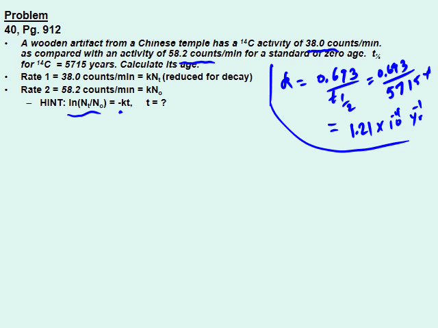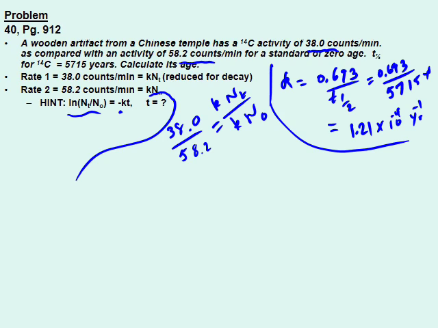And also I need to get the ratio of Nt over N0. Let me show you how we can get it. Just take the ratio of those two numbers, 38.0 divided by 58.2. You're going to get kNt over kN0. So k and k would cancel out, and you get Nt over N0.